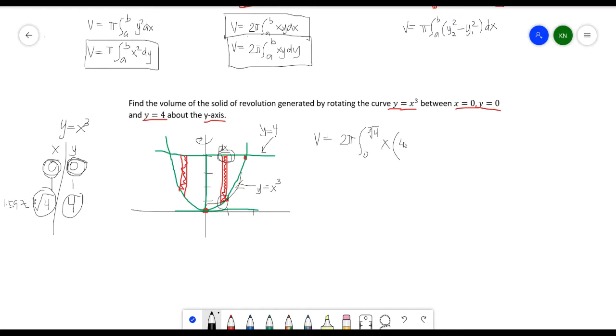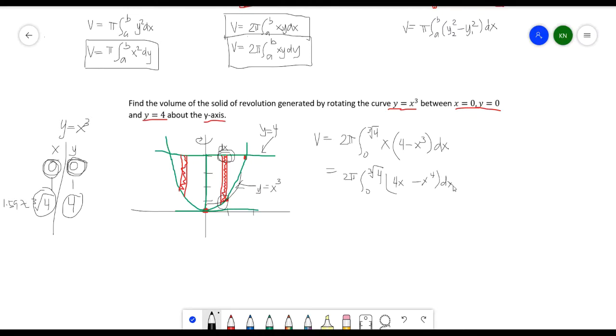So we have 4 minus x cubed, and then the change of x. Simplifying our equation, we have 2 pi, from 0 to cube root of 4, of 4x minus x to the fourth dx.